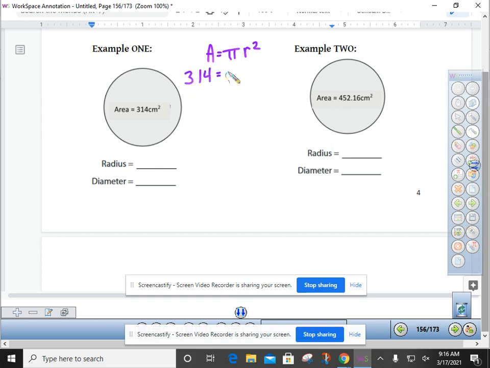What do we use for pi? 3.14. Make sure you're writing it down. Now what? Divide both sides by 3.14.